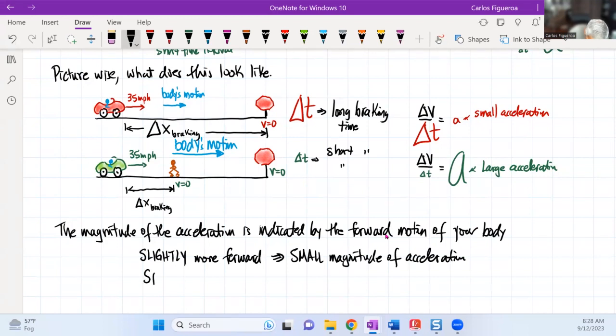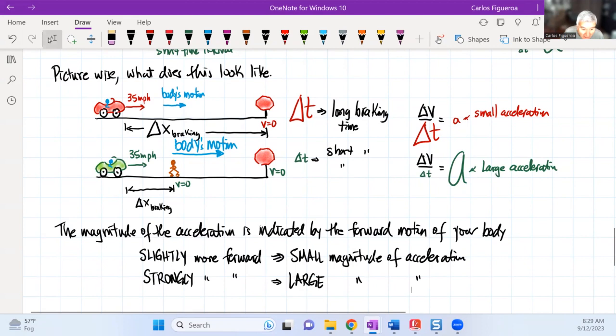If you strongly move forward, then that means you have a large magnitude of acceleration. So you inherently know how you speed up and slow down. I mean, excuse me, how large the magnitude of the acceleration is.